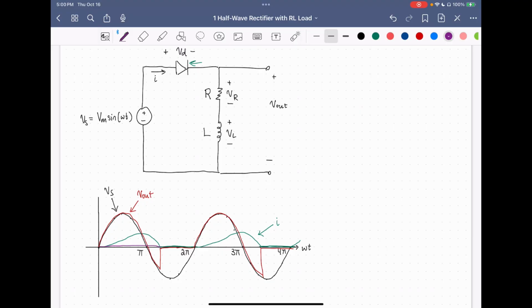So when the current is zero, it's going to track Vs. So this purple waveform is Vd.